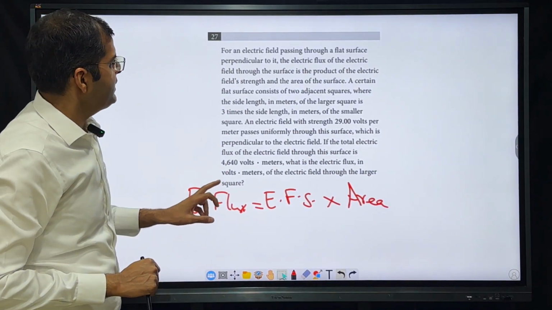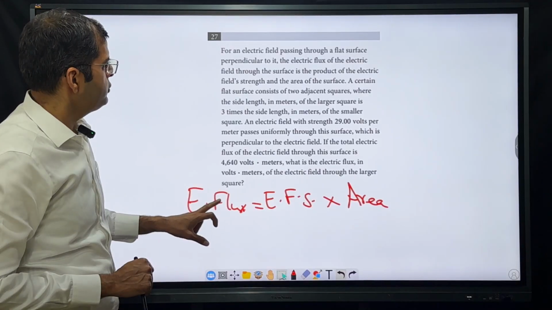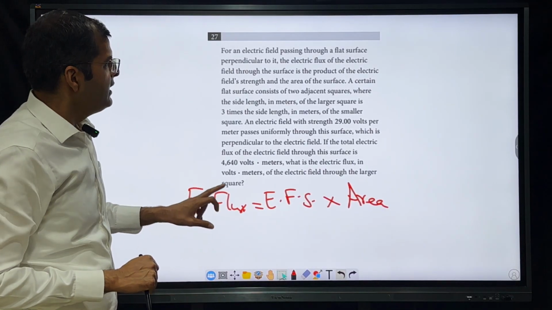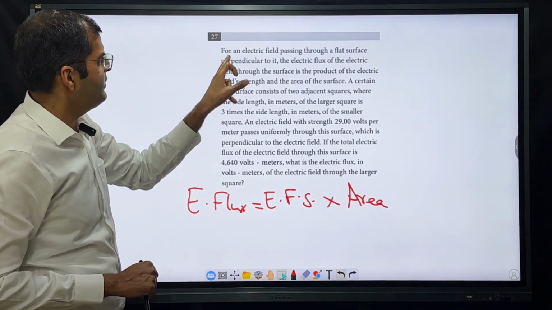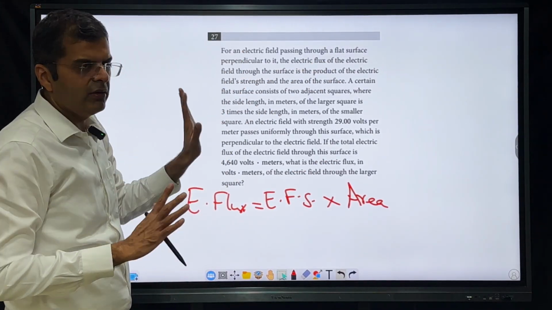So the electric flux of the field through the surface is the product of the electric field strength and the area of the surface. Okay, when the electric field passes through a flat surface perpendicular to it.